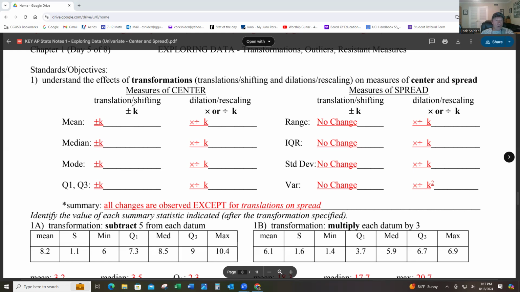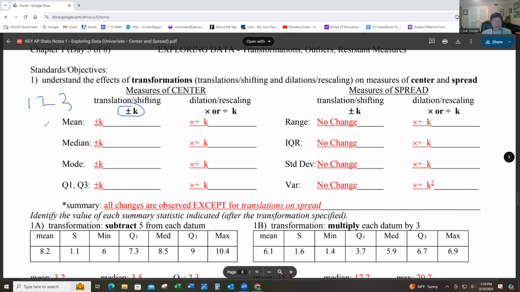Now, if you add or subtract a constant, we'll call that K. I know it should be C, but K. Add or subtract a constant, then the mean will just go up and down by that constant. So if you had the numbers 1, 2, and 3 in a data set, obviously the mean is 2.